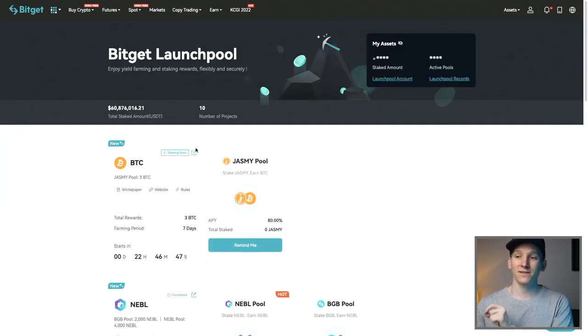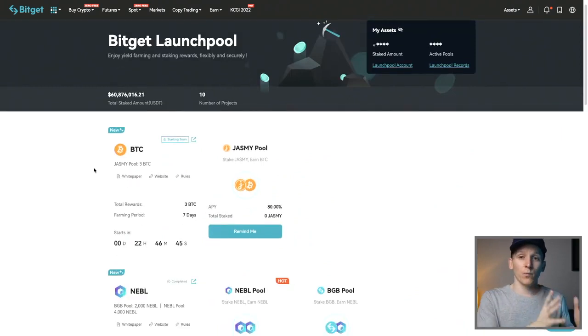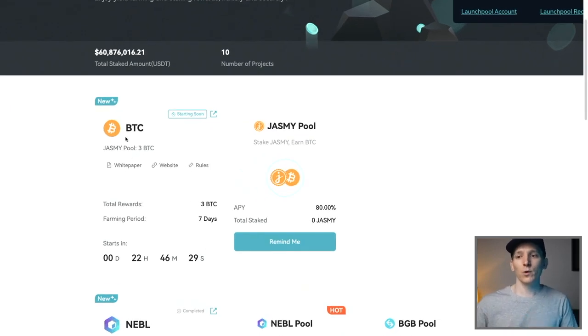And the other product is Launch Pool. This is when you invest one token to get some of the other token. Now what this does is when there's a new altcoin launching on the exchange, they may give some of those tokens away as a kind of bonus, just to incentivize liquidity on the platform. And so what this means is if you invest BTC in this, you will get some APY in Jasmy token when it launches, right?